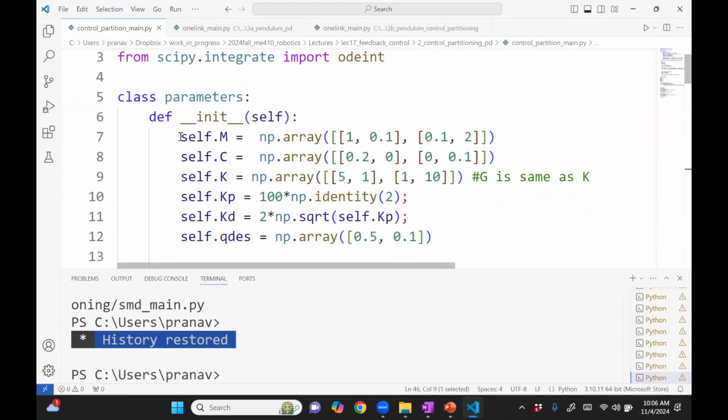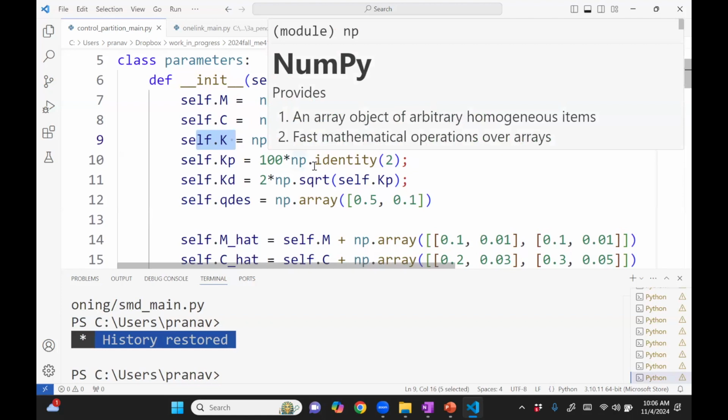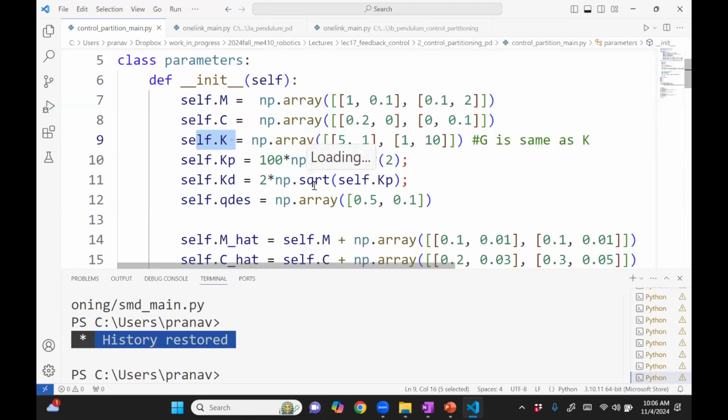I just made up some random system with some mass matrix, some Coriolis term C, some K, and then Kp is, as I said, a free parameter. You can choose whatever you want. Kd is 2 square root Kp, the same expression I wrote. And note that this is diagonal. Kp is diagonal, 100 times the identity, and 2 square root of it will also be diagonal.